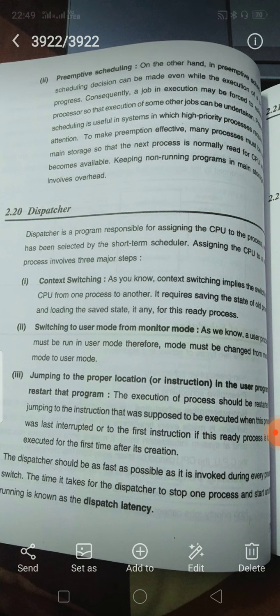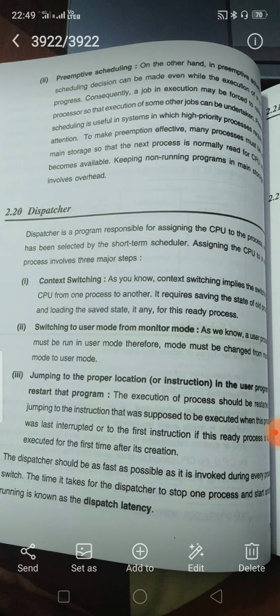Second one is preemptive scheduling. On the other hand, in preemptive scheduling, a scheduling decision can be made even while the execution of a job is in progress. Consequently, a job in execution may be forced to release the processor so that execution of some other job can be undertaken.